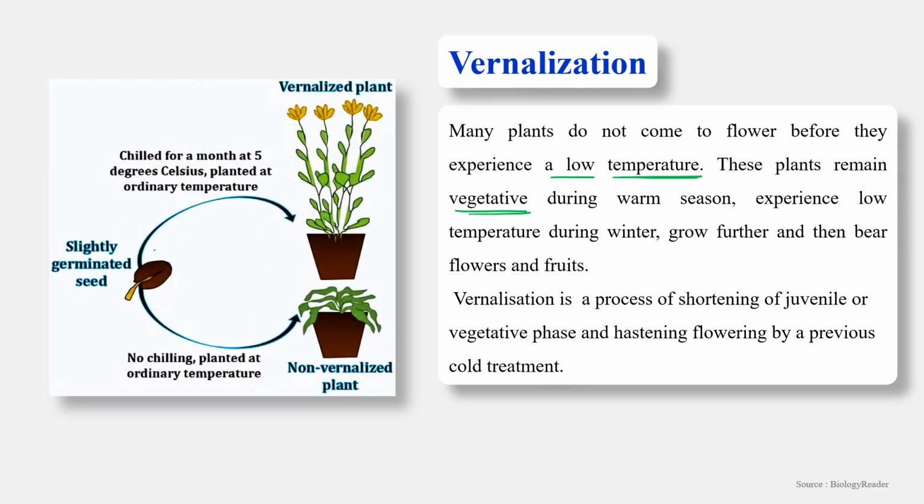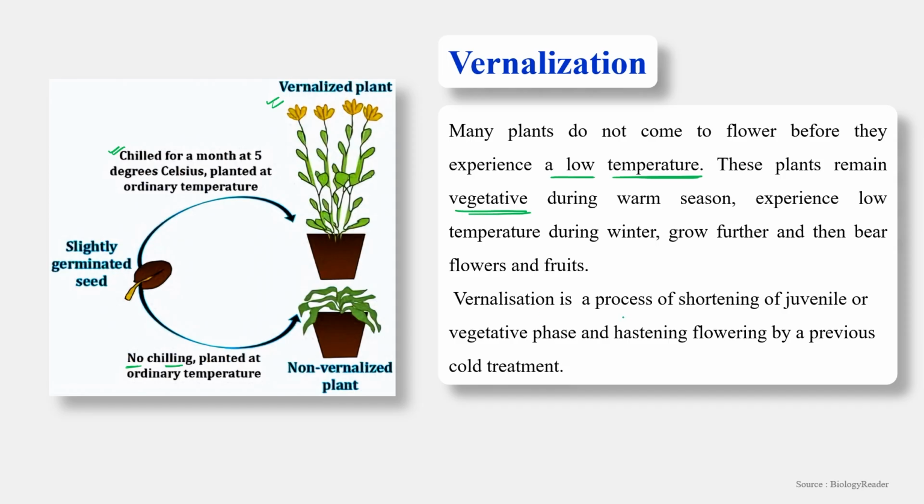Okay, as you can see, this is a slightly germinated seed. If chilling or low temperature, about 5 degrees centigrade, is there for a month, that particular plant shows flowering. If there is no chilling, just ordinary temperature, there is no flowering, so that type of plant is known as a non-vernalized plant.